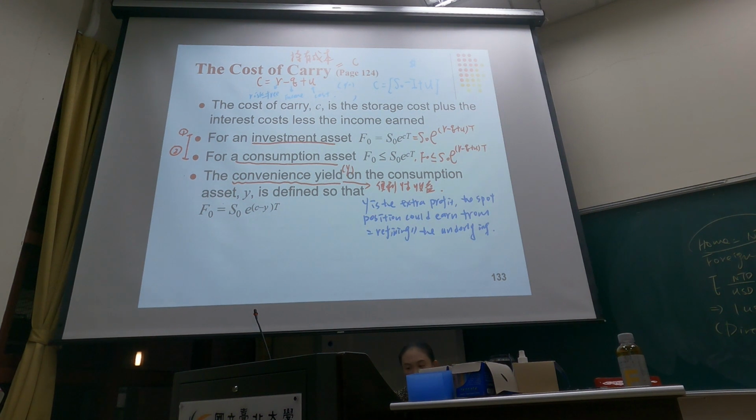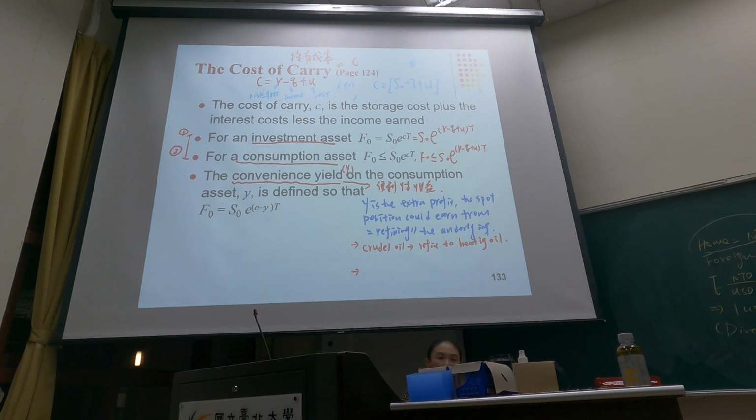So what does it mean? The most typical examples could create spread strategies. Here we don't go into too much detail, but I want to give you two examples. One is crude oil, 原油. You can refine it to heating oil.